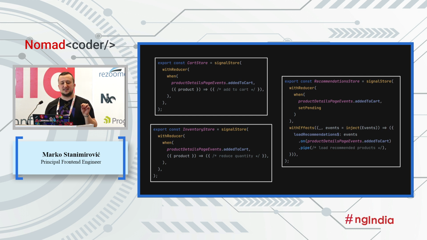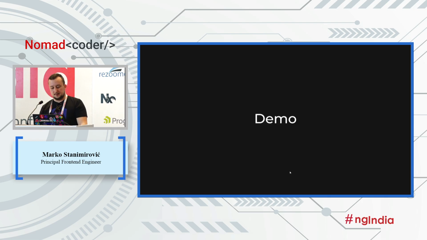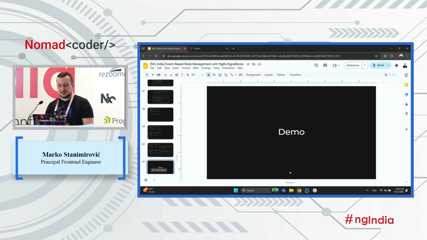So you can notice here that in all three stores, we are listening to the same event. We are listening to the addedToCart event, and then we can perform state updates like we did in cart or inventory store, and we also have the ability to perform side effects as we did here in the recommendation store by using this withEffects feature. Let's now see this in action.